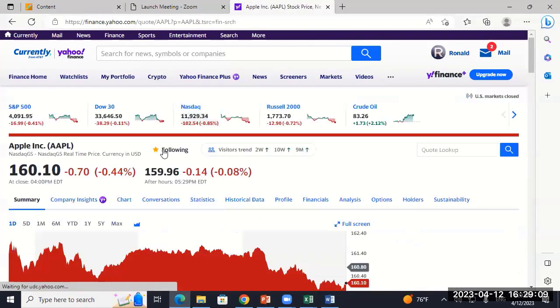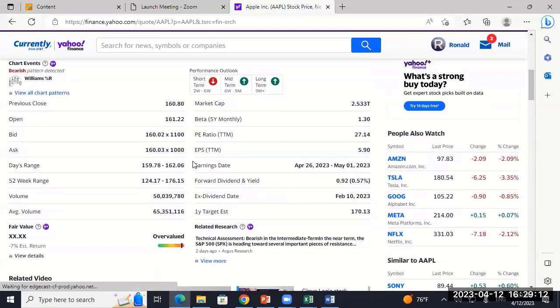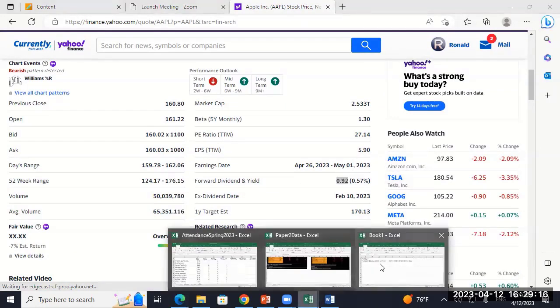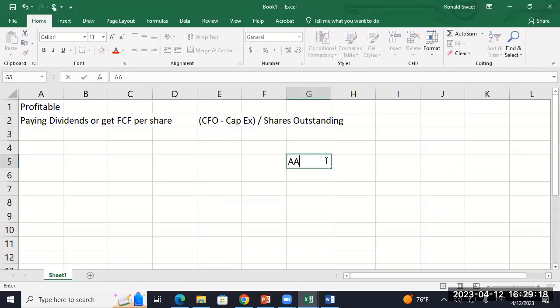So I'll just give you an example. Apple does pay dividends, 92 cents. I can't get used to their stock split.